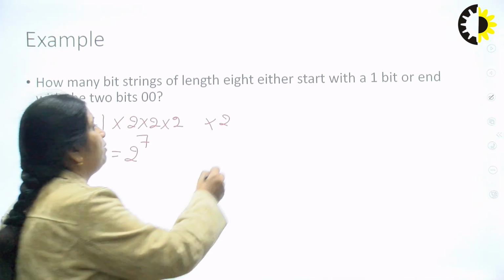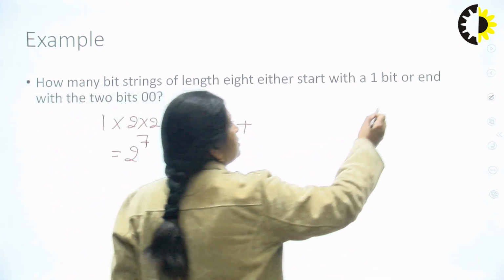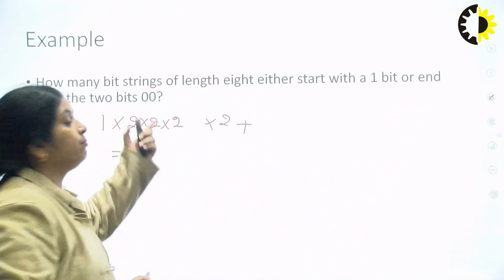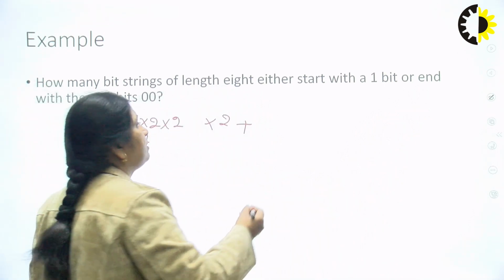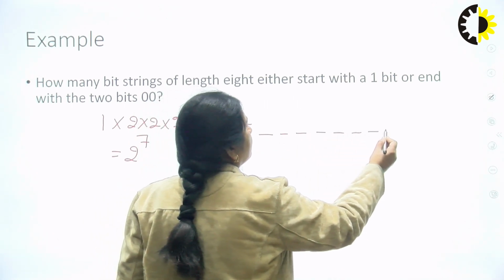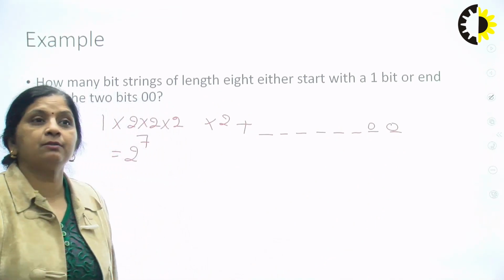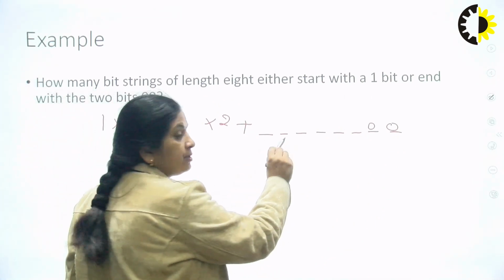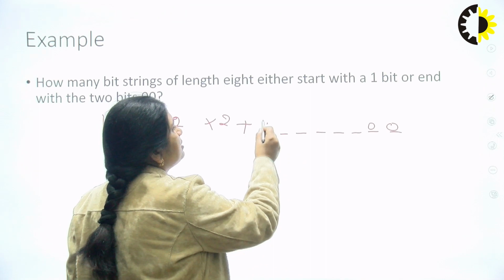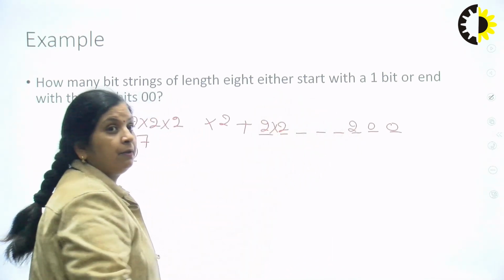Now what is the second condition? OR end with 2 bits 0, 0. It means the last 2 bits will be zeros. The other 6 have options. What options? It could be 0 or 1, 0 or 1, 0 or 1, up to 6.